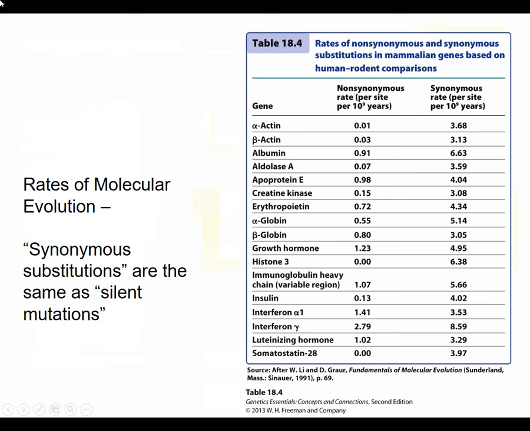In other words, for alpha-actin, you only see in modern organisms an occurrence of 0.01 non-synonymous mutations per nucleotide per billion years. That doesn't mean that missense mutations don't happen as often.